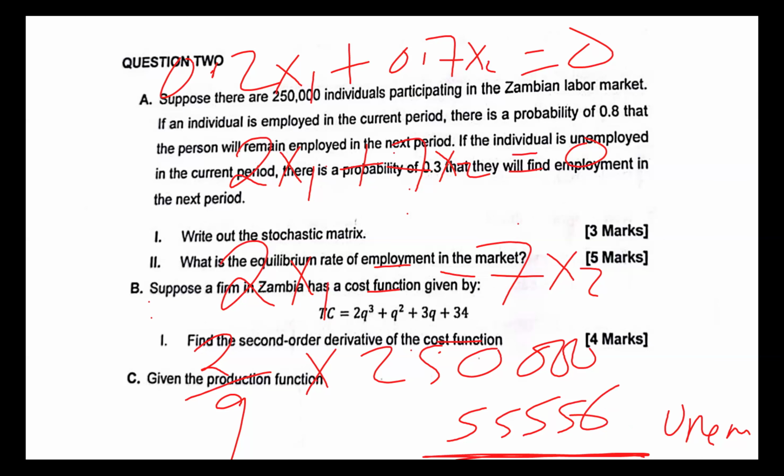So it will be 55, 5, 5, 6. They are unemployed, isn't it? I told you to read from left to what? Like this small number is unemployed, which means the remainder, they are employed, right?